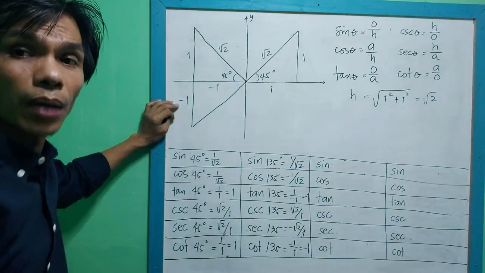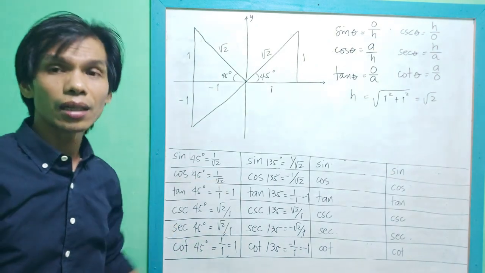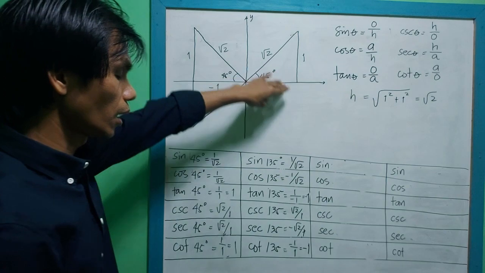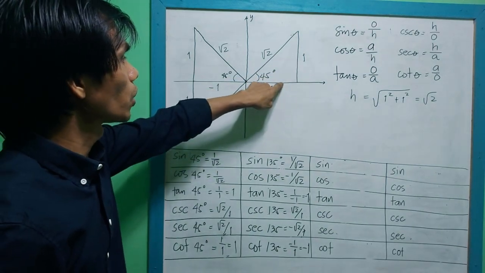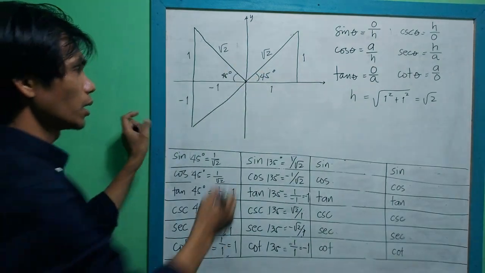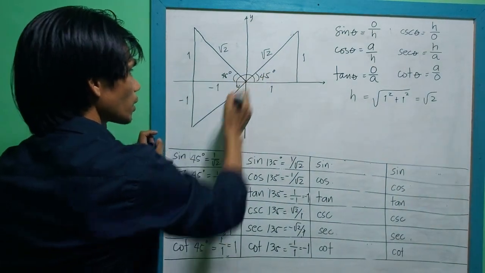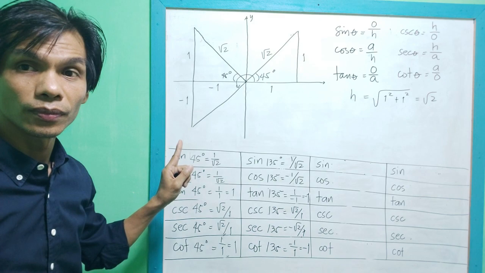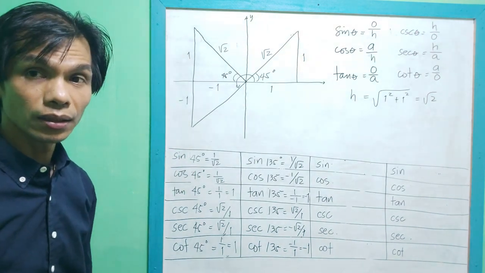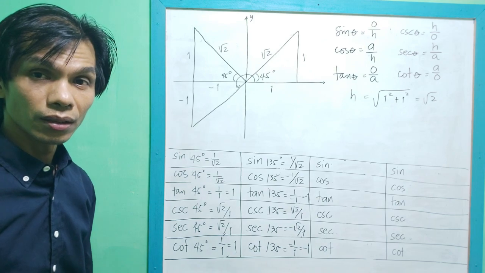Negative na din. Bakit? Kasi nasa ilalim na siya ng x-axis. Okay? So, mula dito sa positive x-axis, papunta dito, anong angle kaya yan? 180 plus 45. Ilan? Correct.